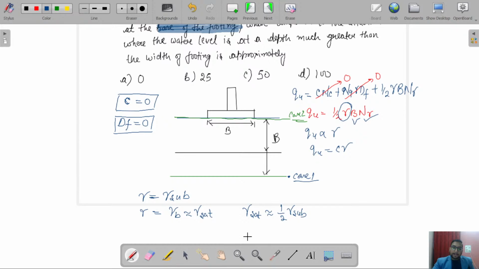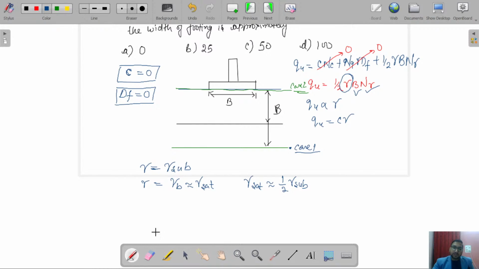So the gamma value is going to be half if the water level rises to condition 2. The percentage reduction in bearing capacity will be: for case 1, QU becomes C into gamma saturated.